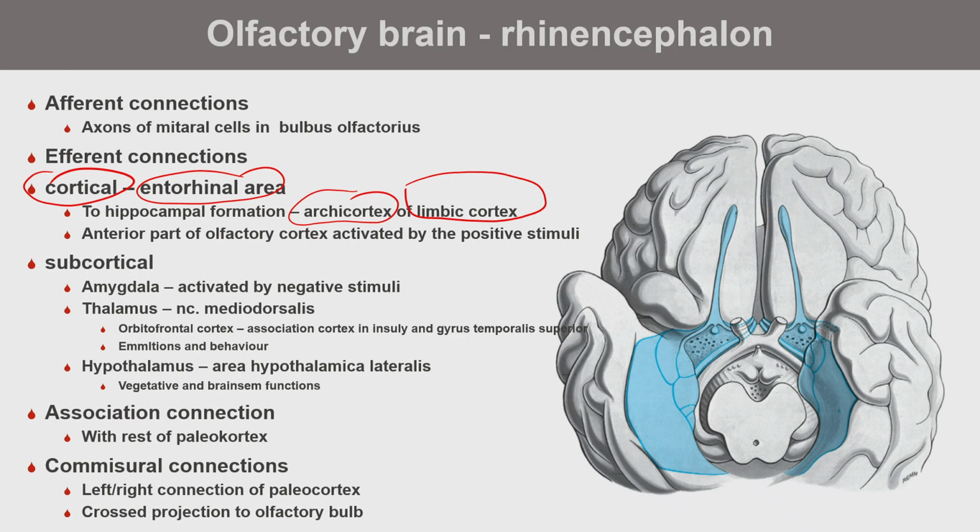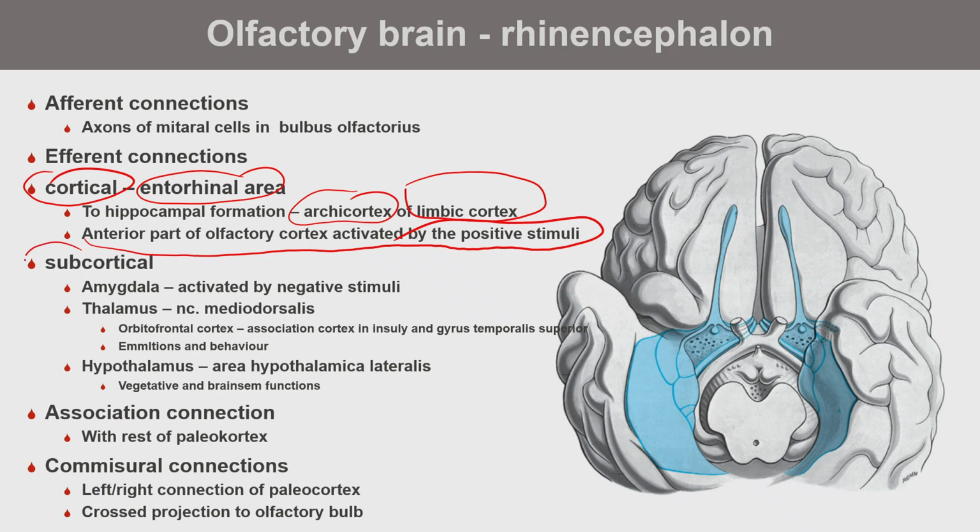Then you probably like or love or adore orange. The other hate in the orange. I don't know if someone hates oranges. But this is the system of the cortical computation, and anterior part of olfactory cortex is activated by positive stimuli. So then it is a motivation to eat something.